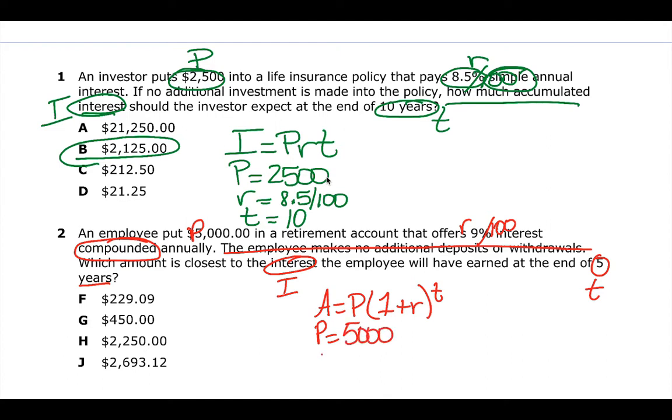P is 5,000, R is 9 over 100, and T is 5. Miss Tanner, our question is not asking for A. It's asking for I. So how do we find I from A? Well, A is P plus I. So we're going to take away P.